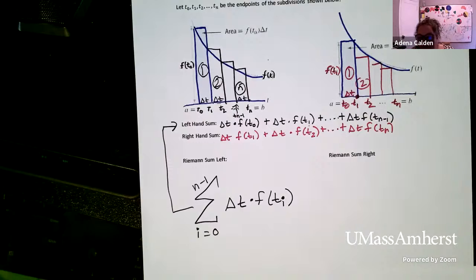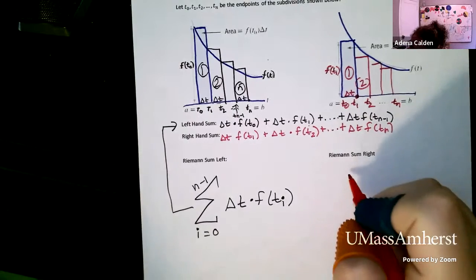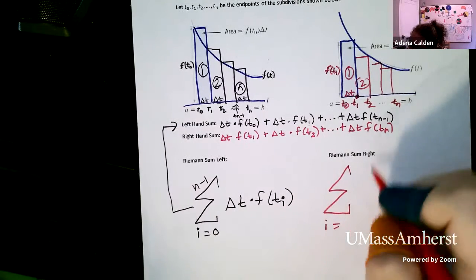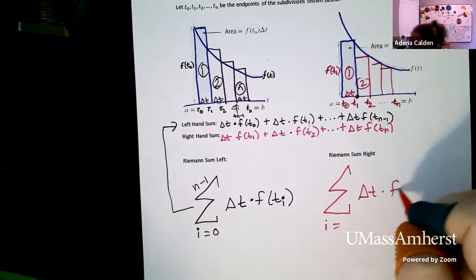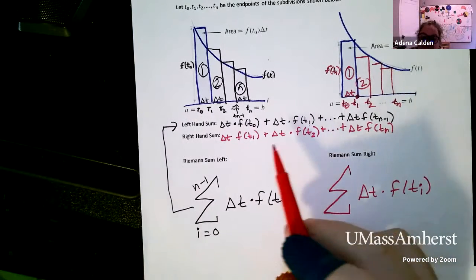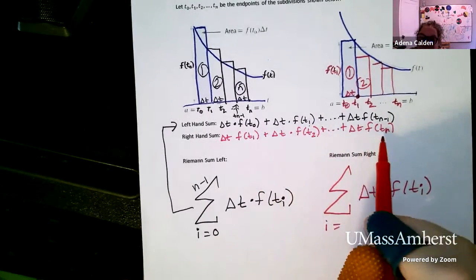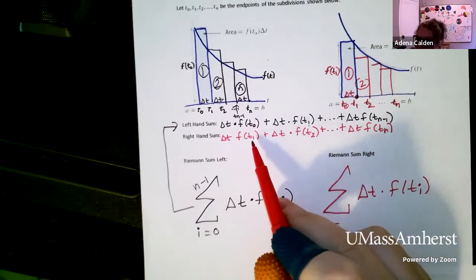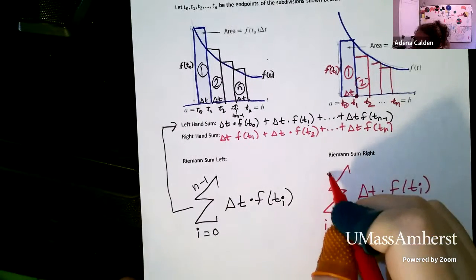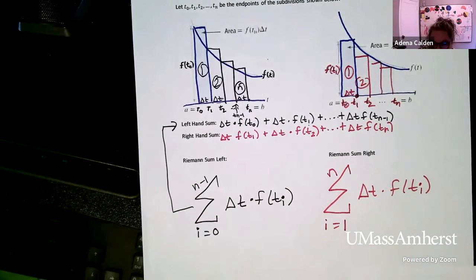When we do it with a right-hand approximation, we still have delta t, we have f of t sub I. What's different is where we start and where we end. For a right-hand approximation, our index starts at 1, and it keeps going until we get to n.